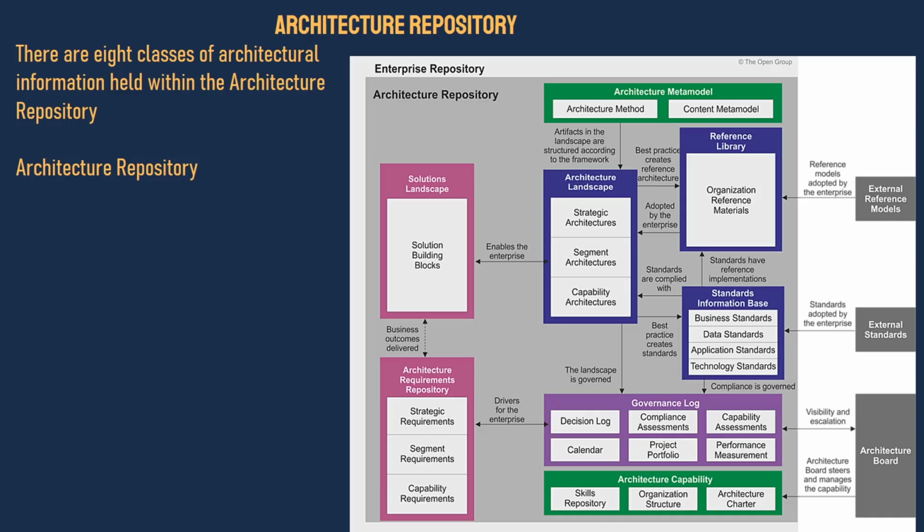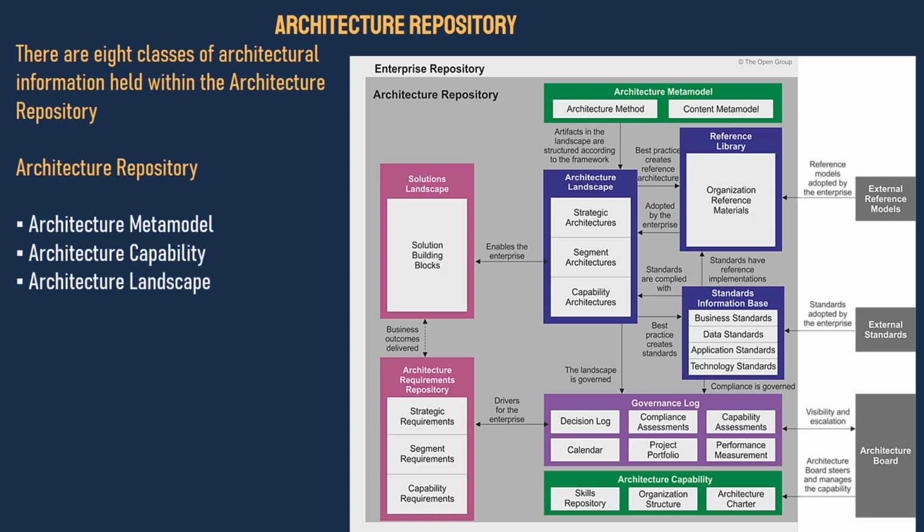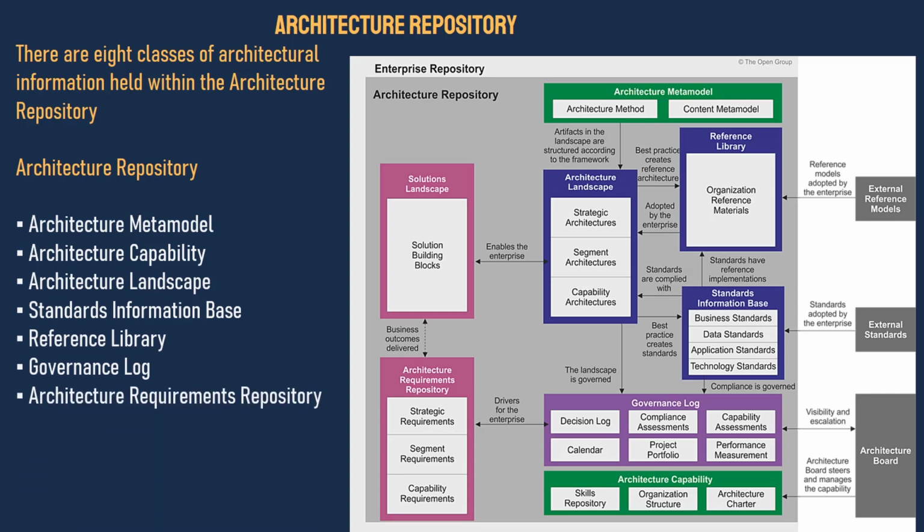There are 8 classes of architecture information here within the architecture repository: architecture meta model, architecture capability, architecture landscape, standards information base, reference library, governance log, architecture requirements repository, solutions landscape.